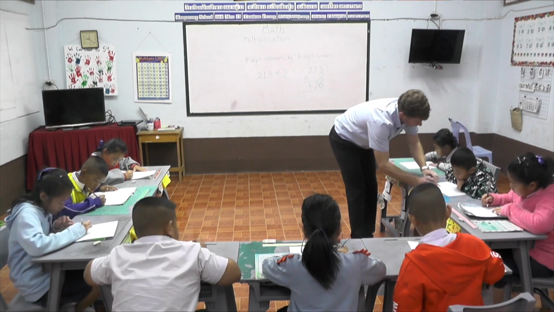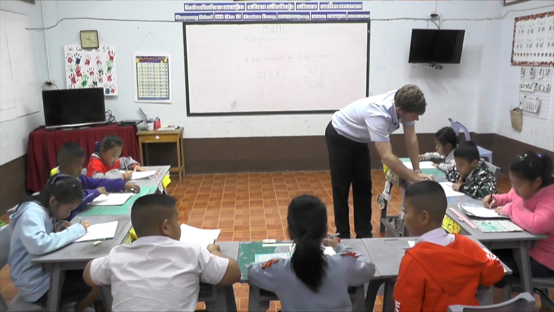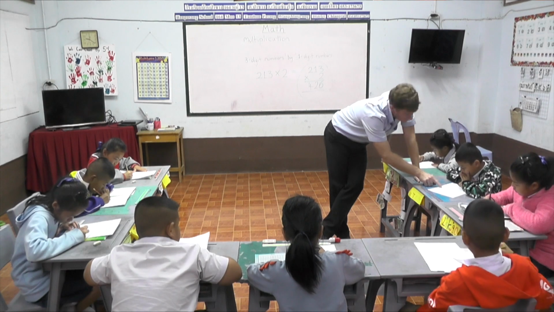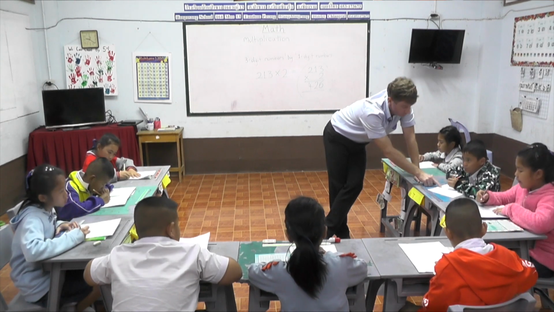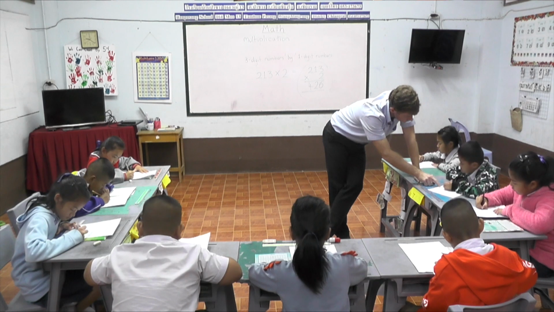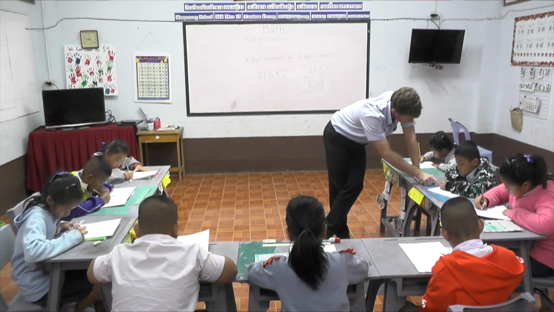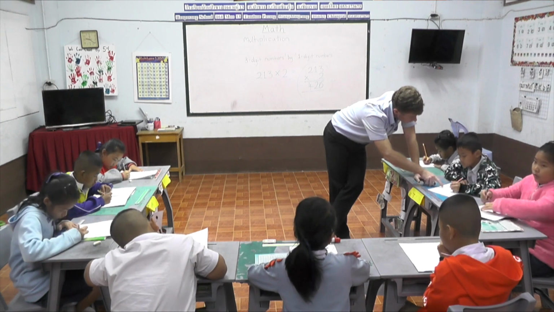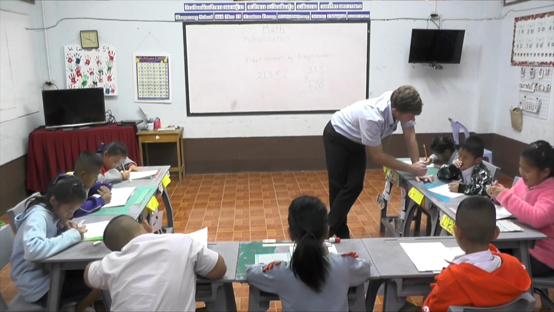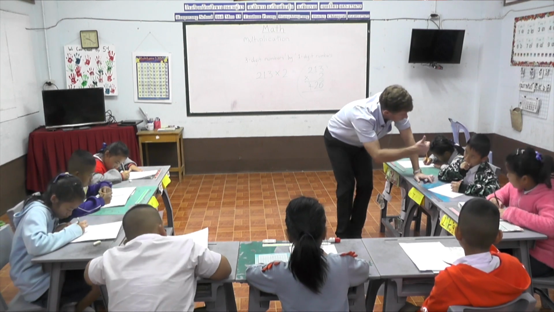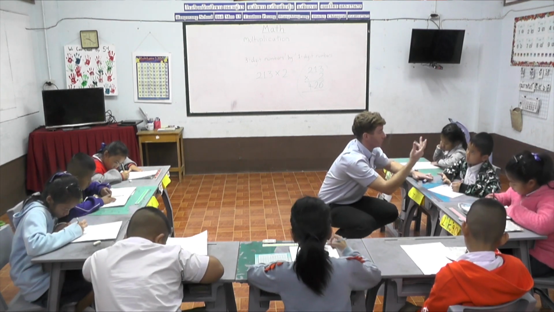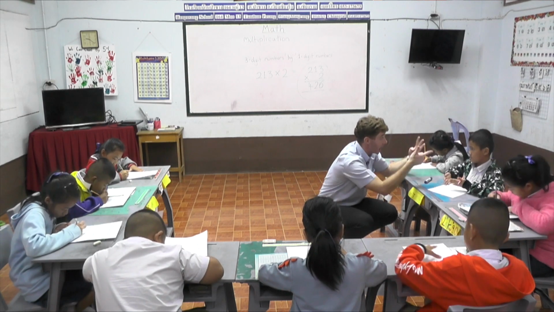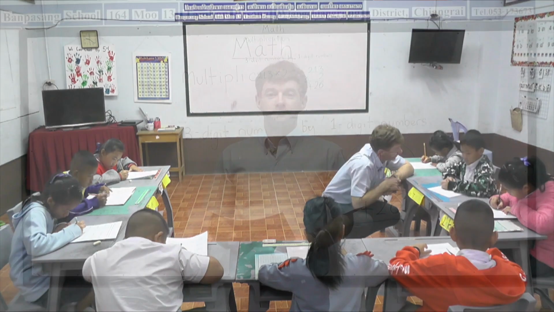So 3 times 2, guys. 3 times 2 equals 6. So 6 in the ones column, yes. Next in the tens column, 3 times 3. 1, 2, 3, 4, 5, 6, 7, 8, 9. So in the next one we have 9.